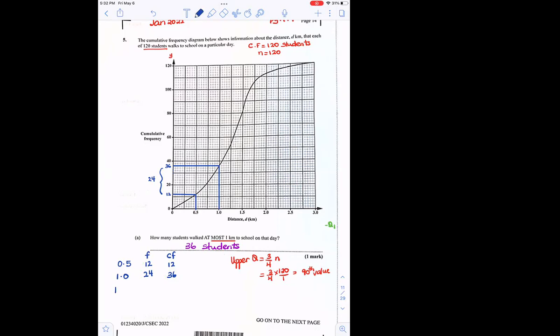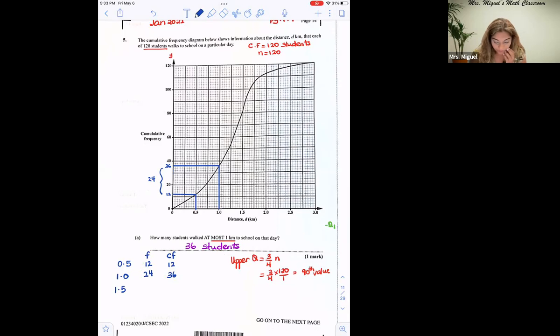Yes, Miss. So we're going to 1.5 now. So we're going straight across here to 1.5. Right, so 1.5 has a value of 82.